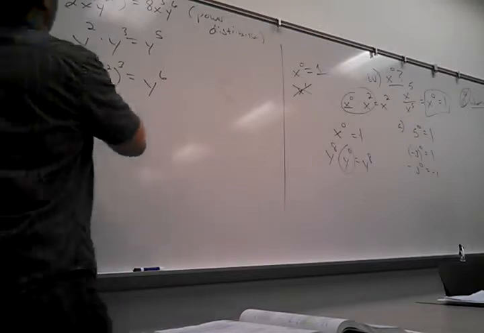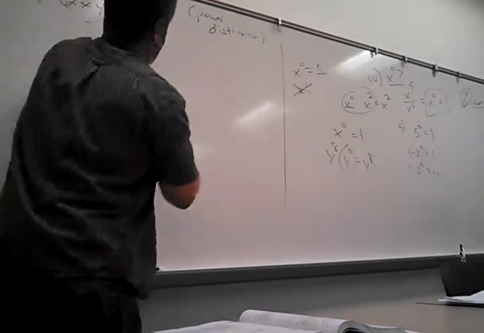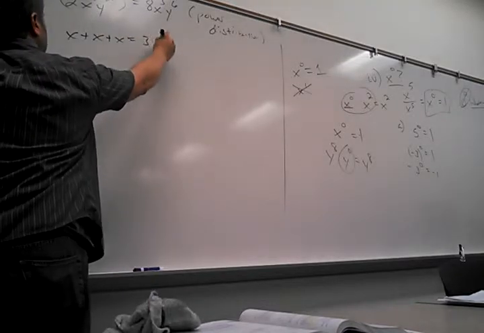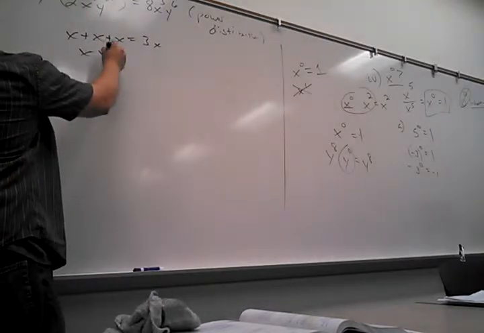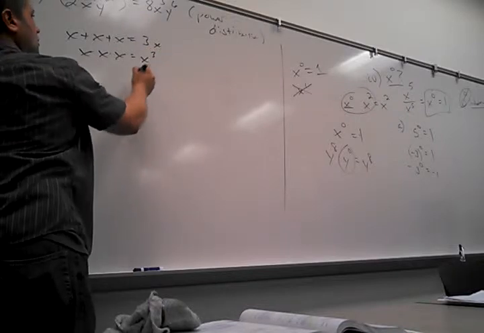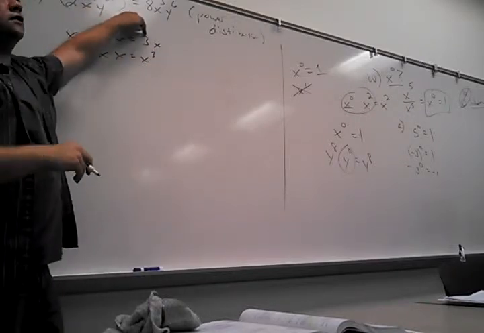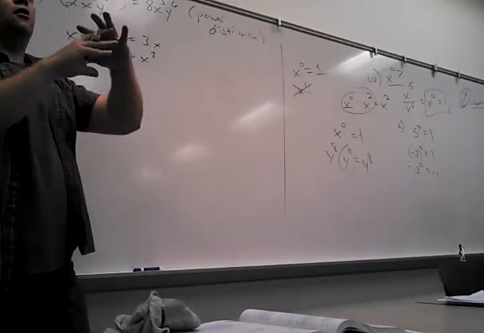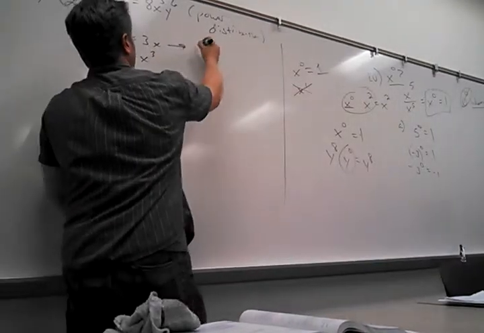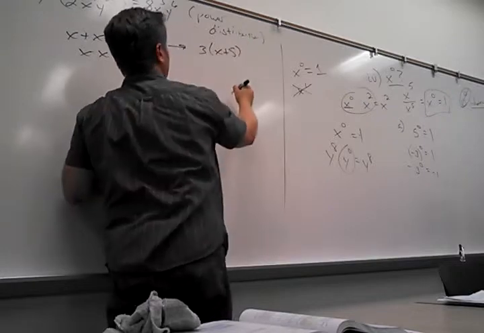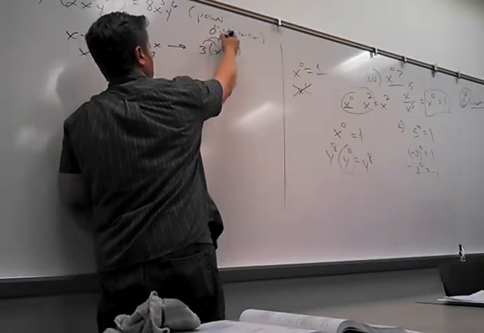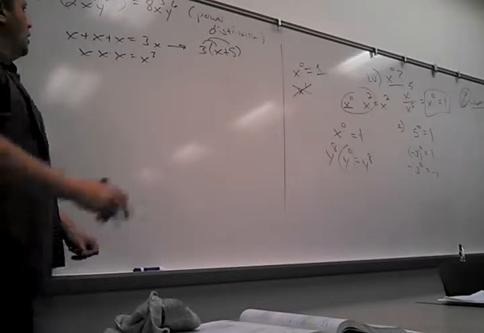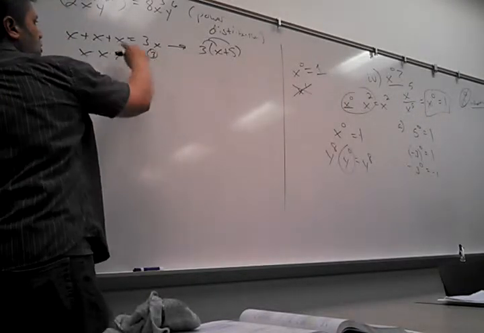And real quick, while I'm on that topic, remember how I started this whole thing with x plus x plus x, that's 3x, and x times x times x, that's x cubed. So coefficients are based on addition. They will play well with addition. What do I mean by that? 3 times x plus 5. Don't I just distribute that in? You guys kind of with me? Exponents are based on multiplication.